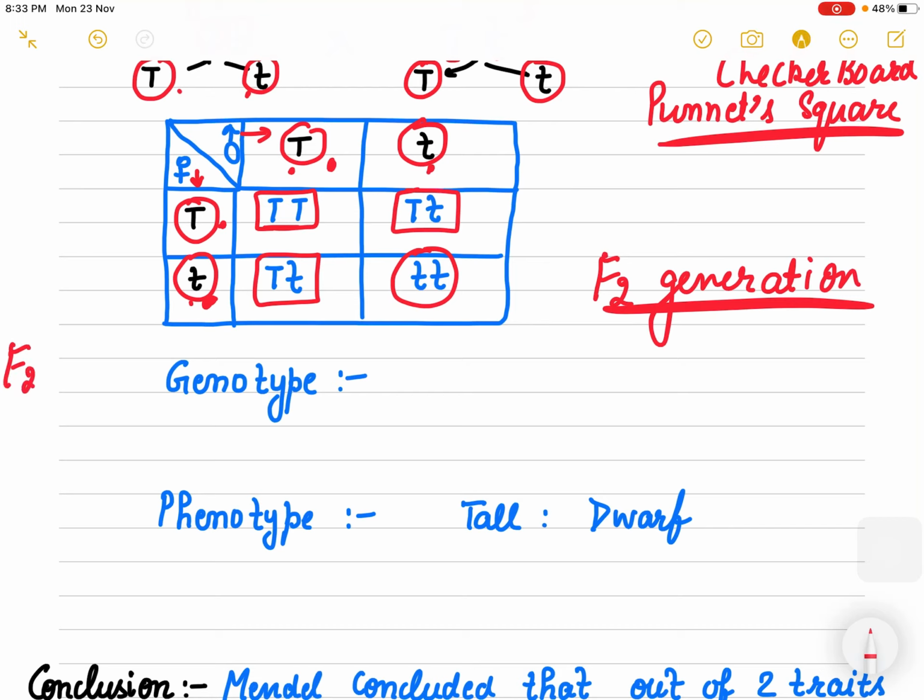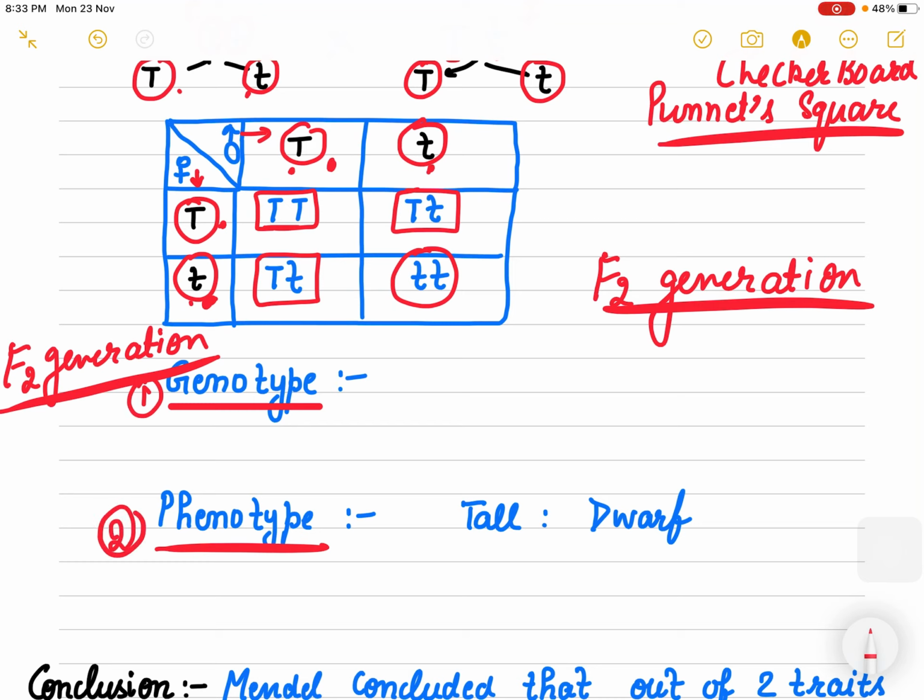For the F2 generation, we now always have to calculate the ratio. Genotypic ratio and phenotypic ratio will always come in the paper. What is genotypic ratio? Genotypic means you have to look at the genes level. Look at their genes, how they look. Which ones look the same to you?